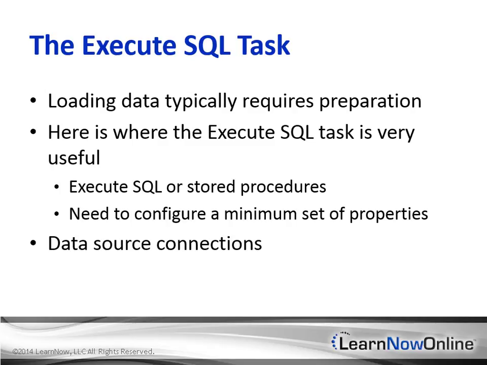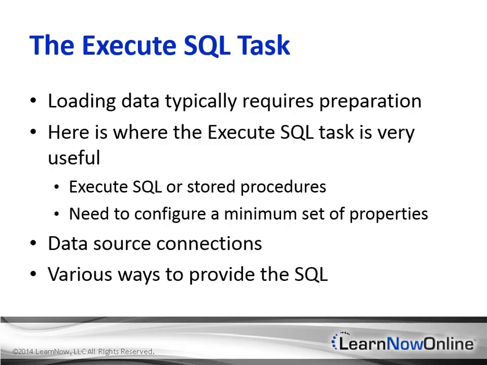Then once you create the connection manager, you can move on to setting up the SQL statement properties of the Execute SQL task. You can enter the SQL statements directly into the editor for the task, or you can put them in a package variable, or you can put them in an external file that the task will read at runtime.